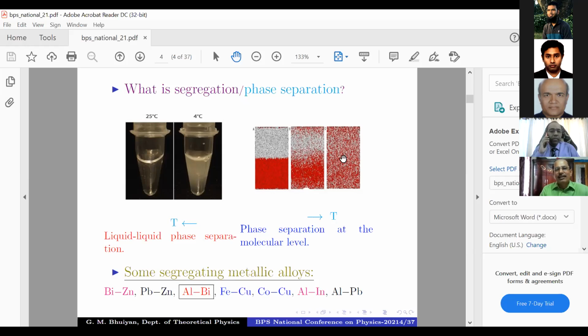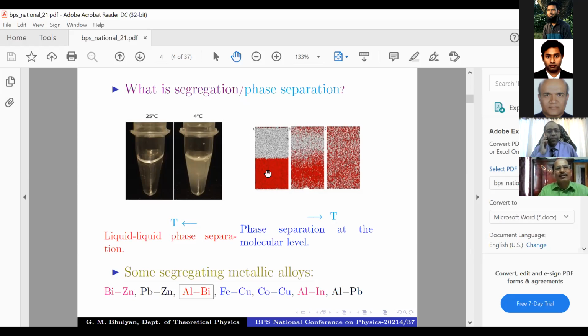If we reduce the temperature, the white molecules go up and the red molecules go down. After further reduction of temperature, all white molecules went up and the red molecules down. So here is the complete phase separation, or segregation, or phase transition, whatever you call it.